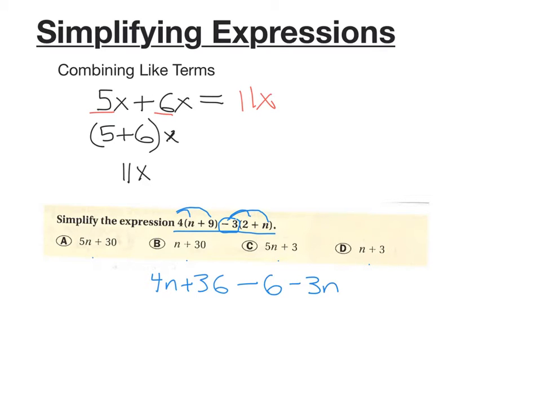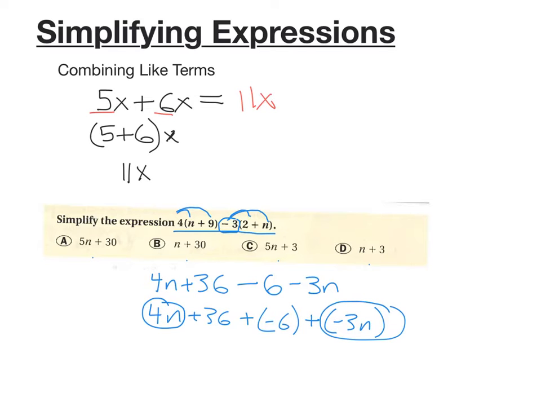So now if I want to, I can rewrite this so that this is just an addition problem. 4n plus 36, and instead of minus 6, I can put plus negative 6. And instead of minus 3n, I can put plus negative 3n. So now I have 4n and negative 3n are like terms. 4 plus negative 3 is 1.